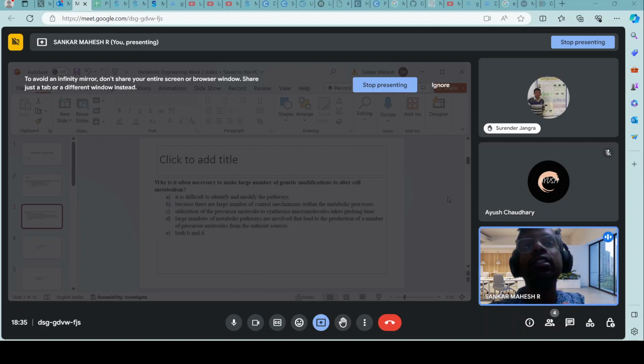In further lectures, we'll be talking about a method called flux balance analysis. In flux balance analysis, we take the genome, make a genome scale model, and mathematically compute how to distribute flux. So it is not difficult to identify and modify the pathways, which is why this option is incorrect.